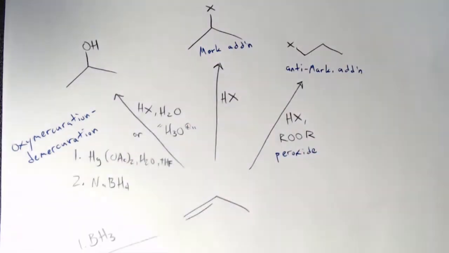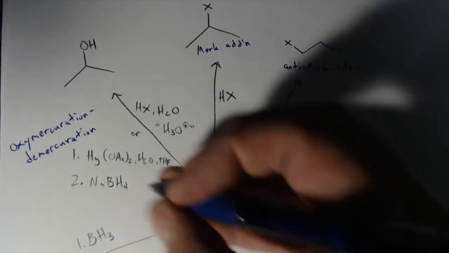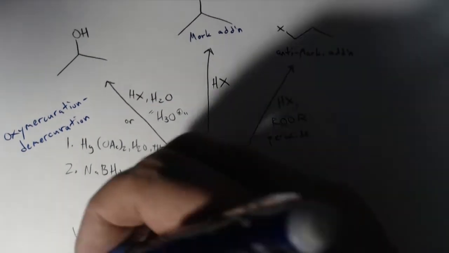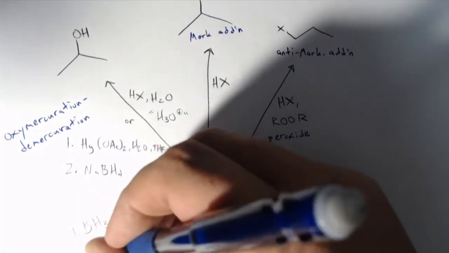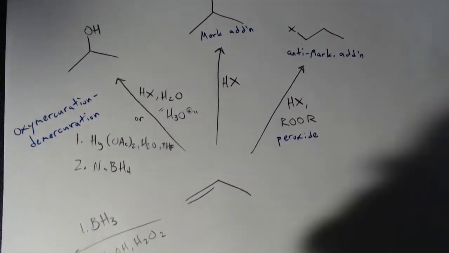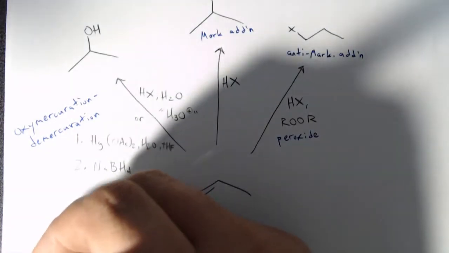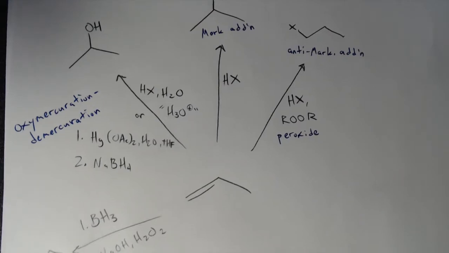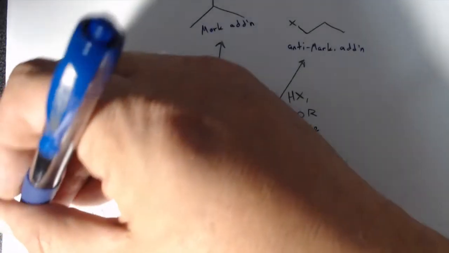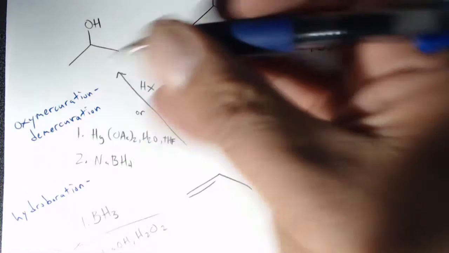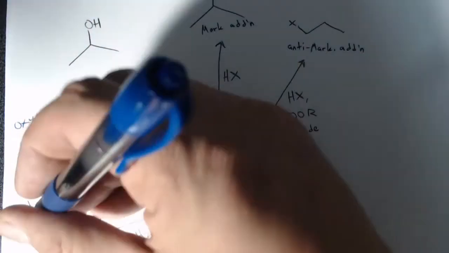This is the hydroboration oxidation. So this is BH3, and then the second step is an oxidation. It is NaOH and H2O2. And this will give you anti-Markovnikov addition of the alcohol group. And this one again, the name was hydroboration, and hydroboration oxidation.